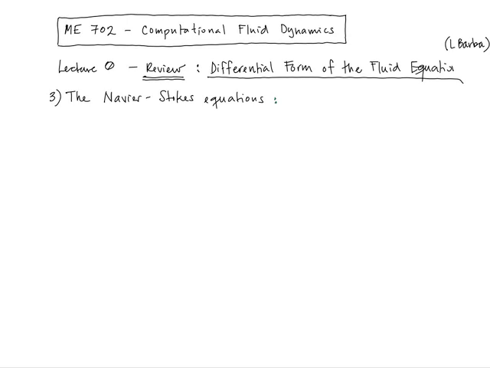And so for this case, where we have a linear relationship between rates of deformation and stress, let's write this down: we're going to limit ourselves to Newtonian fluids, where we have a linear relationship between stresses and the rates of deformation.